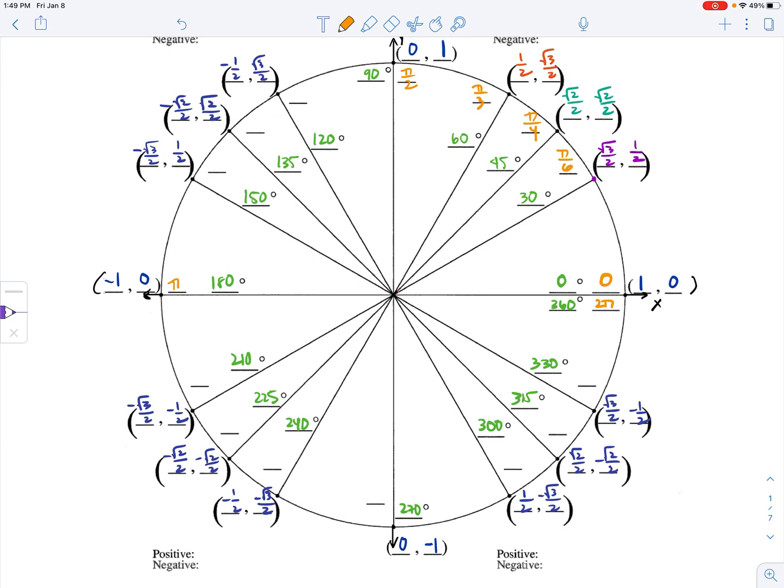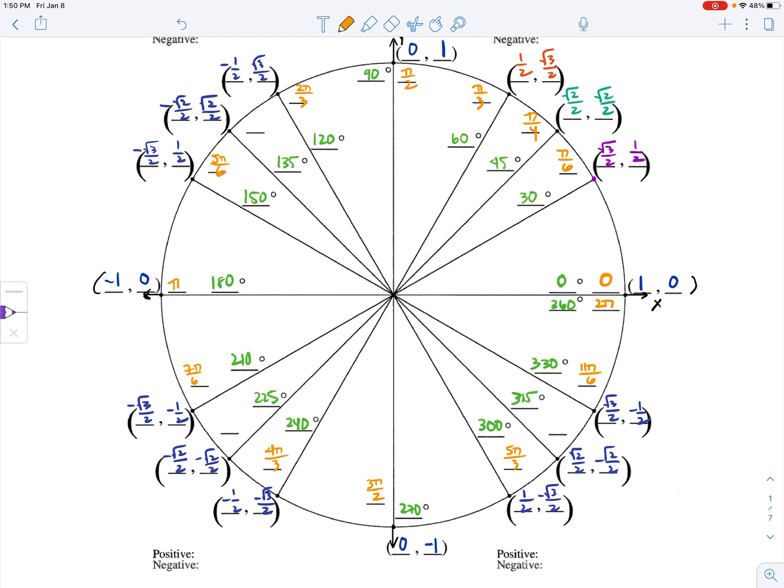So you know how I thought about continuing to add 30 degrees. If I have 1 pi over 6 and then 2 pi over 6 is 60 degrees, which simplifies to be pi over 3. 3 pi over 6 simplifies to be pi over 2. 4 pi over 6 simplifies to be 2 pi over 3. 5 pi over 6. 6 pi over 6 is pi. 7 pi over 6. 8 pi over 6 can simplify to 4 pi over 3. 9 pi over 6 can simplify to be 3 pi over 2. 10 pi over 6 simplifies to be 5 pi over 3.